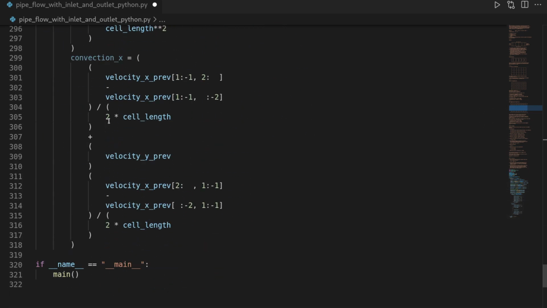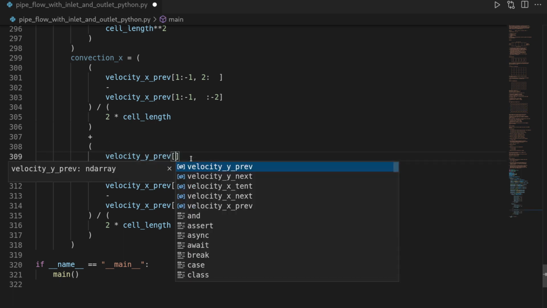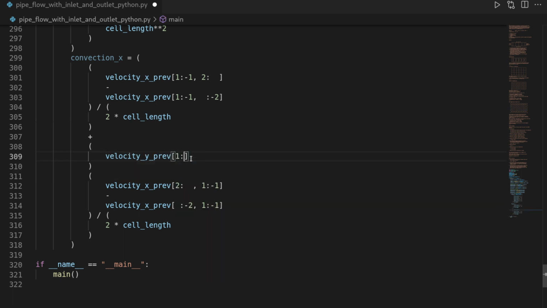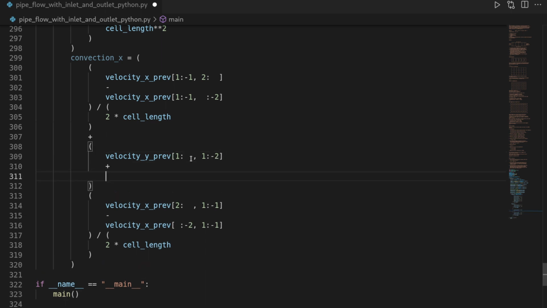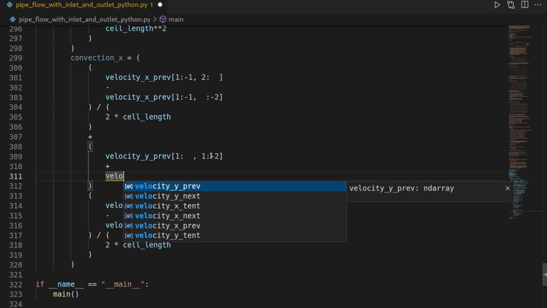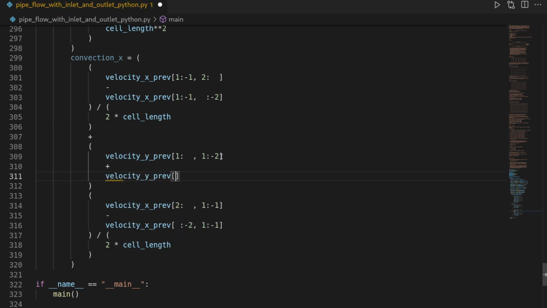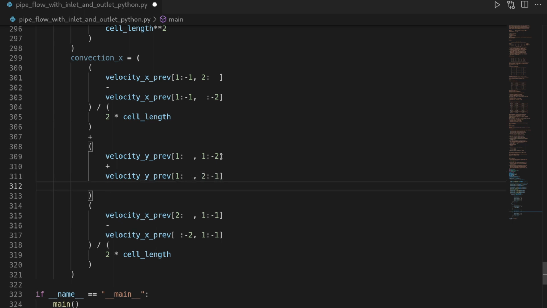So let's go down here and say we start at point 1, go all the way to the end. And then here at this one, we start at the first point, which is not the first, but is the second in the indexing in Python, and go to the second to the last. And then we have something similar. So this one would be the top left point. Then this one would be the top right point.